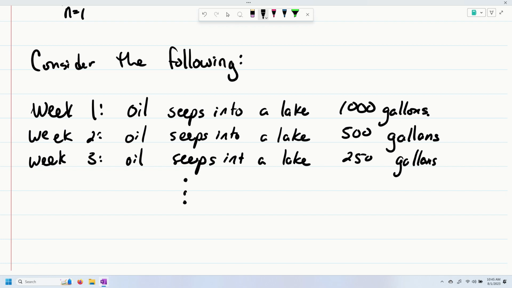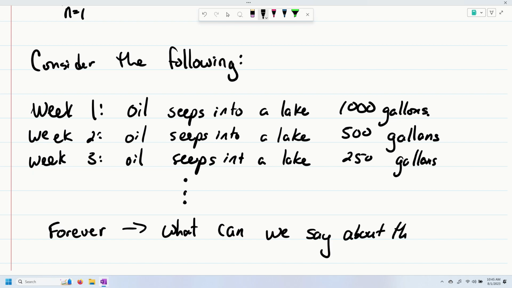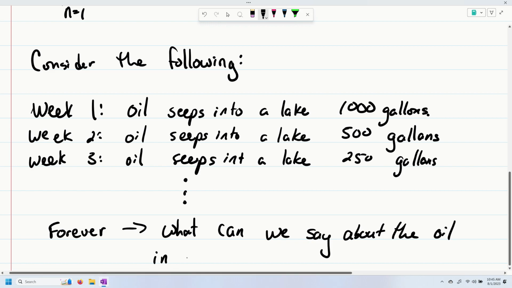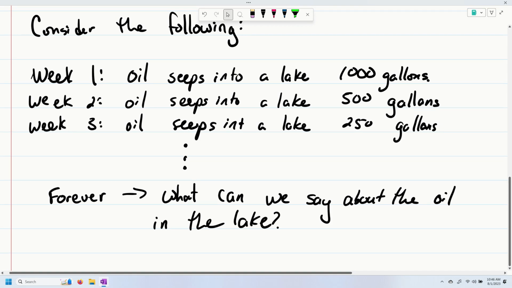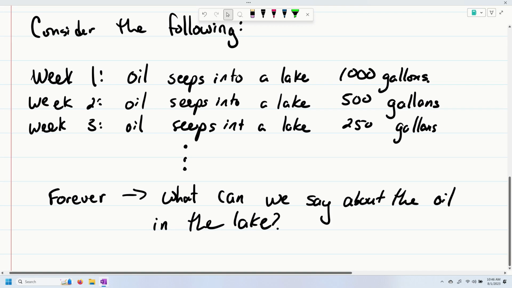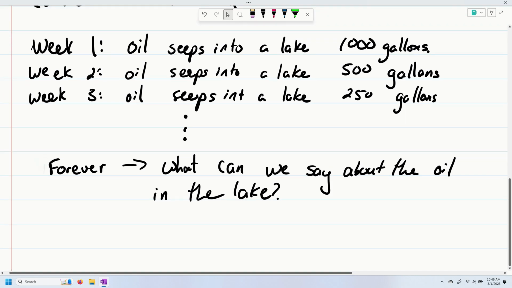Those little 3 dots represent that we assume this pattern continues forever. What can we say about the oil in the lake? All right, so let's think about this mathematically now.